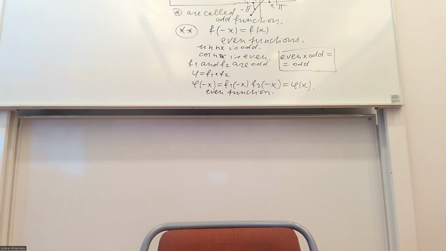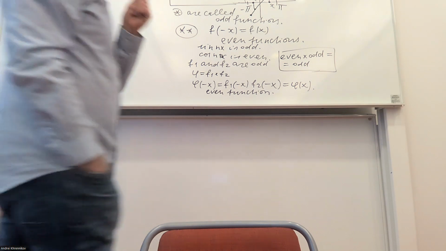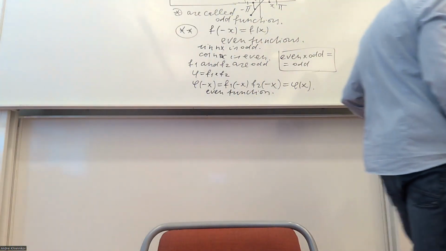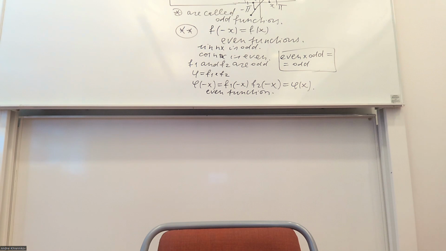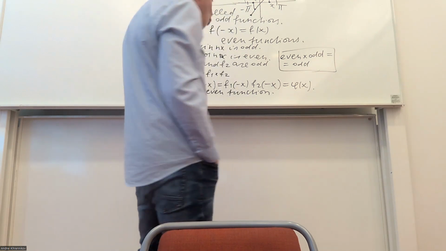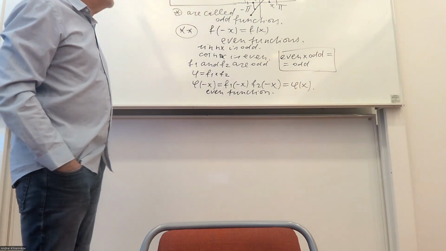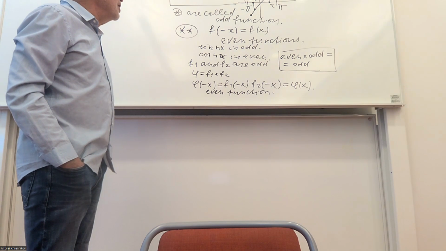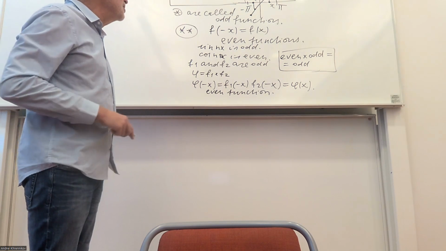Why are we interested in this classification? Of course, there exist functions which are neither odd nor even. Why are we interested in this? Because if we know from the beginning that this function is, for example, even or odd, in fact we need not calculate all Fourier coefficients. Some of them are zeros.